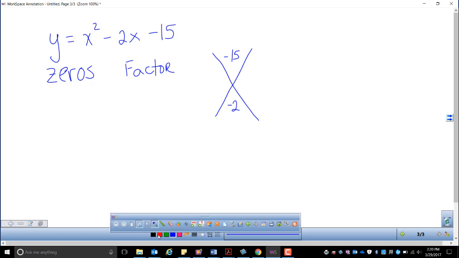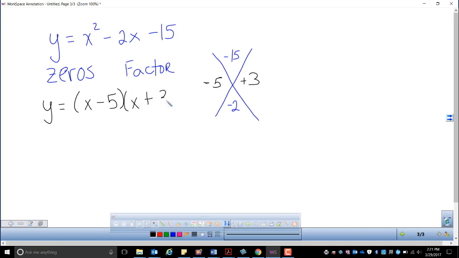My multiples of negative 15, or my factors, would be 5 and 3. And this is negative, so it would be negative 5 and positive 3. So then I get y equals x minus 5, x plus 3. And now to find the zeros, I have to let y equal 0.